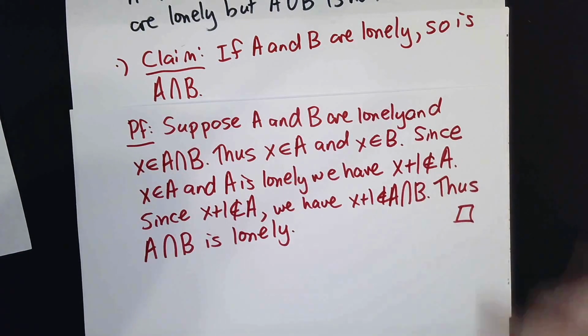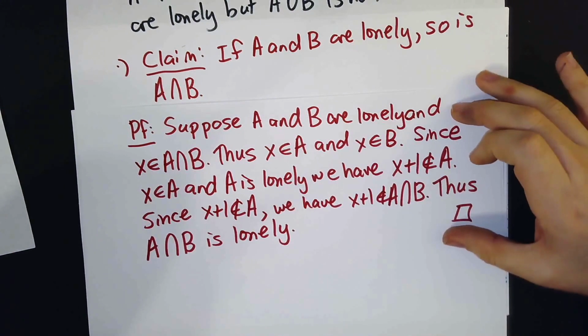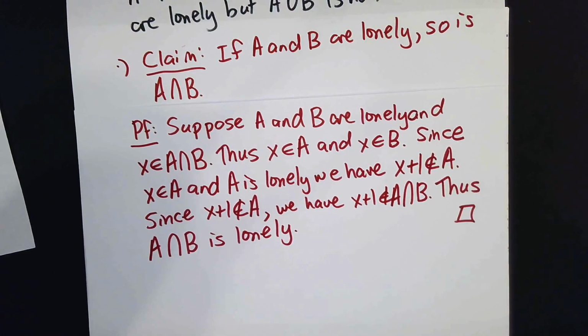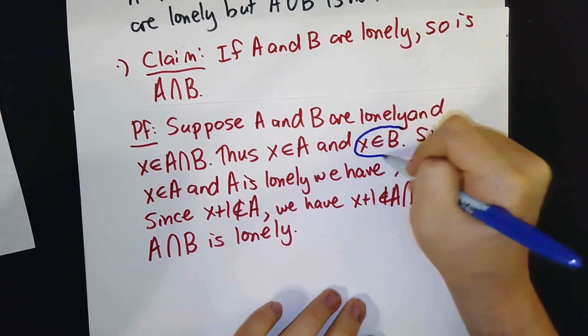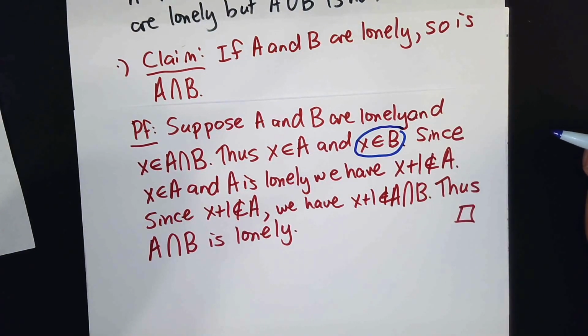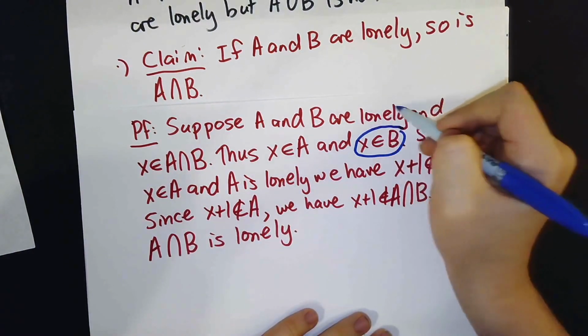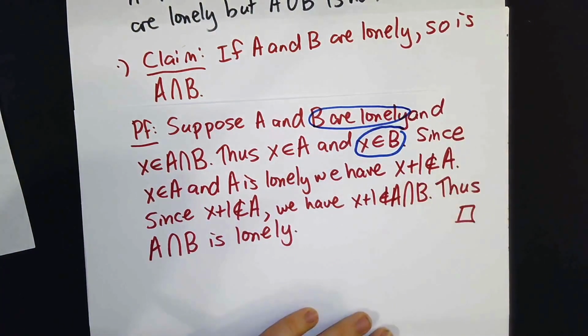Now, a careful reading of this proof reveals a little more. Namely, I wrote this down, but I never used it. And I wrote down that B was lonely, but I in fact never used it.